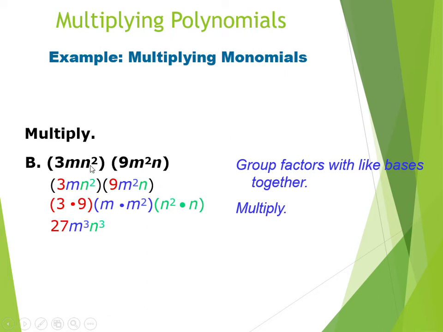And for your n, you have here n squared, which is 2 in the exponent, and the n has automatically 1. So 2 plus 1, you will be having 3. So the answer for this multiplying monomials will be 27 times m raised to 3 times n raised to 3.